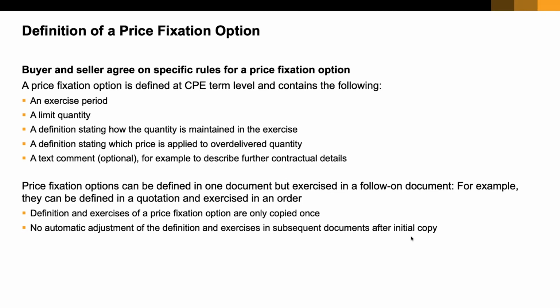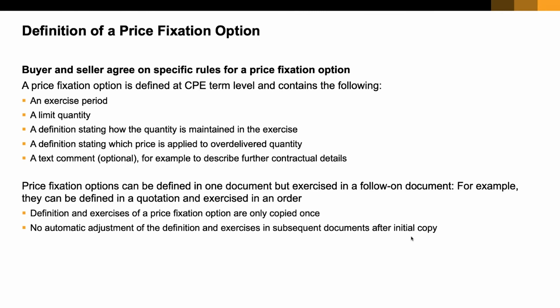This is the same price fixation options we discussed earlier, and the different aspects which can play a role in how we can fix a price are like this. There can be an exercise period, like a from and to period when I can do this exercise of fixing a price.